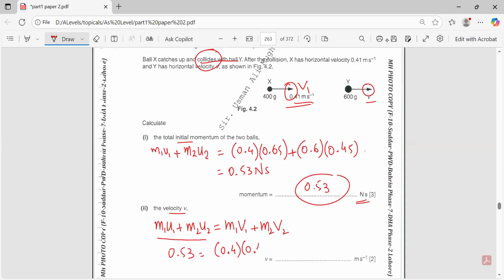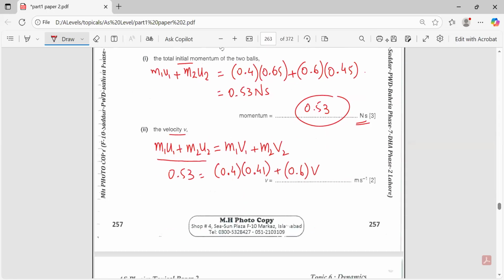So this will be written as 0.41 plus the mass 2, 0.6, into V. V is to be found. After solving all of this for V, V will be equal to 0.61 meter per second. This is how V will be found.